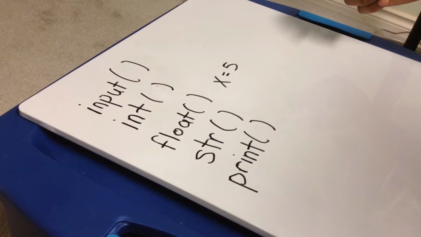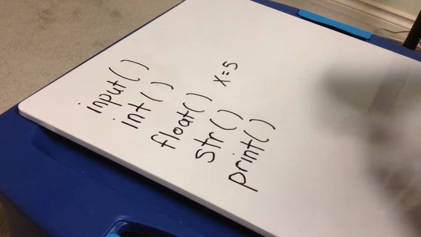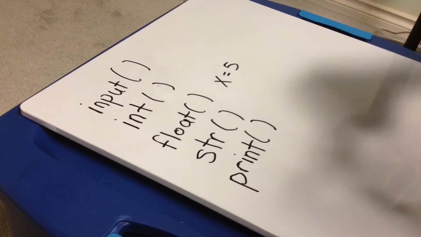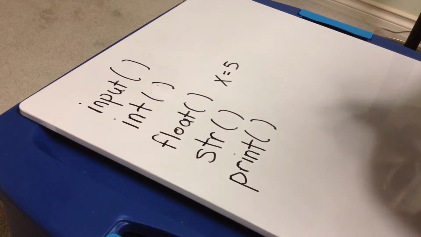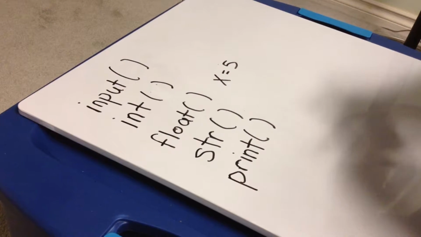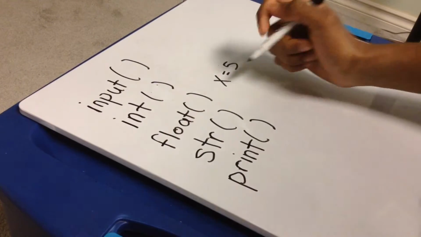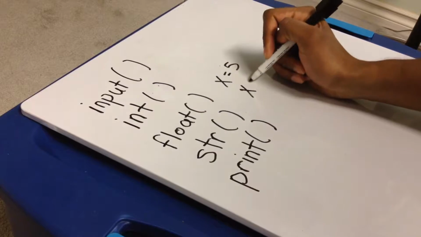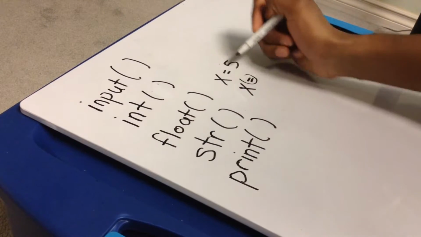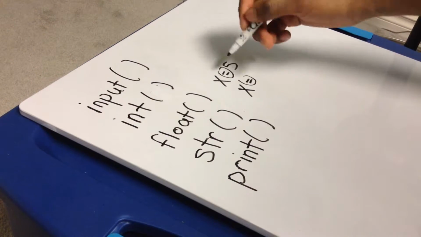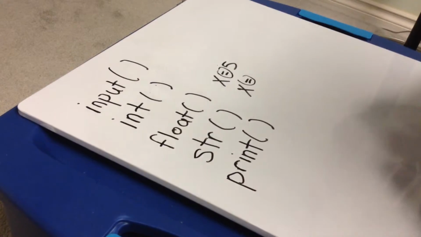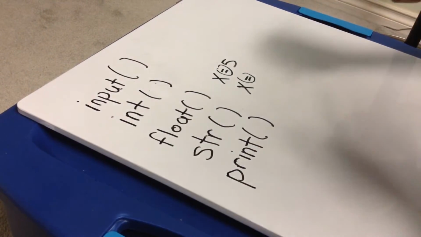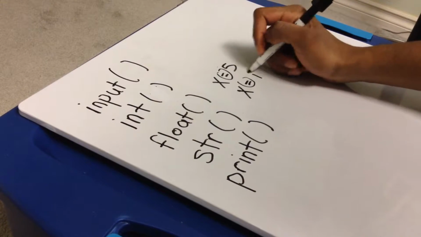Alright? Now say you don't want to just give it a number. Say you want somebody to give it any kind of number possible. Right? Or any kind of anything. So what you do is x equals, and this is the assignment statement, by the way, the equals is assigning the value to x. Alright? So x equals, and you could just call on the input function.